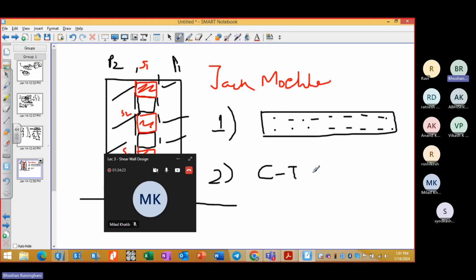If it is a flange wall, we design it as per the C type and T type. If it is a rectangular, then we define it as uniform reinforcement. Our code says that we should have uniform reinforcement on both sides of the wall.